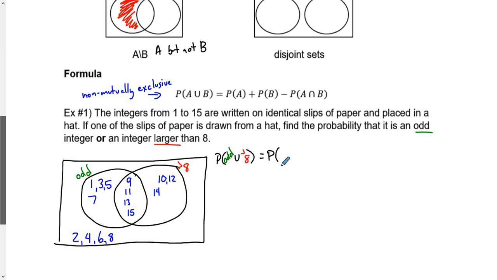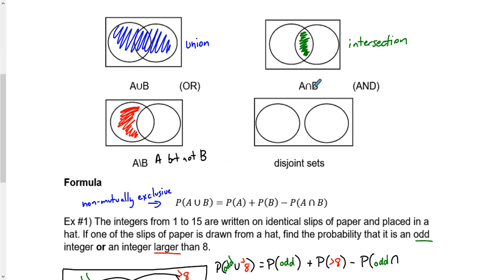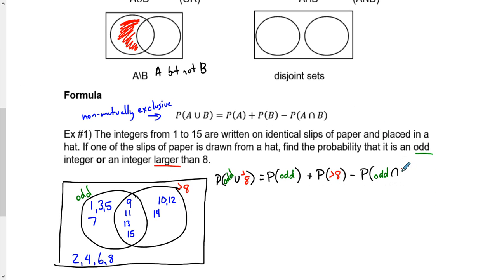So if we take the probability of something being odd, we add it to the probability of numbers that are greater than 8, and subtract the probability of it being odd and greater than 8, which is what that intersection is. Remember that little symbol there talks about "and".